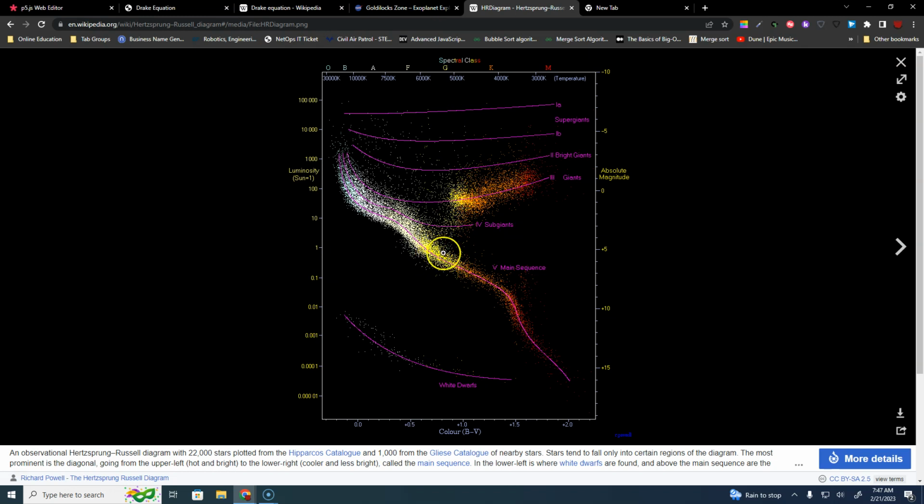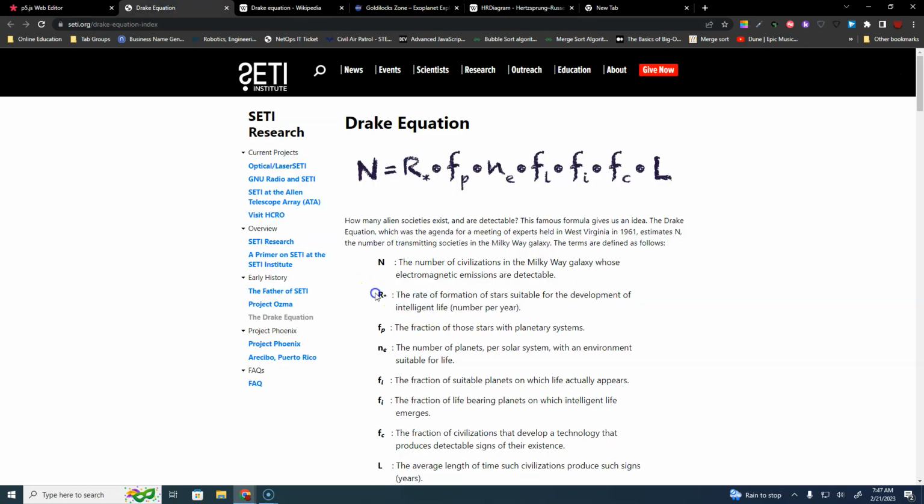Okay, and there are some stars that we are not going to be able to sustain life. White dwarfs, which could lead into black holes, supergiants, those types of things. We would not see them. But on the main sequence, we do believe that we should be able to see life somewhere maybe around here to here. Okay. So we would want to be able to consider that as a factor.